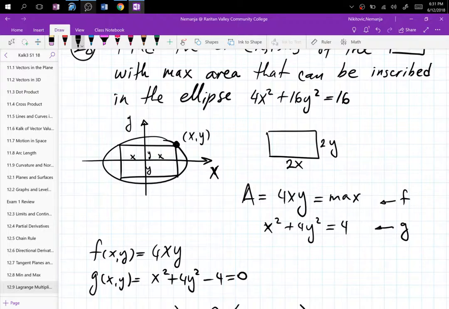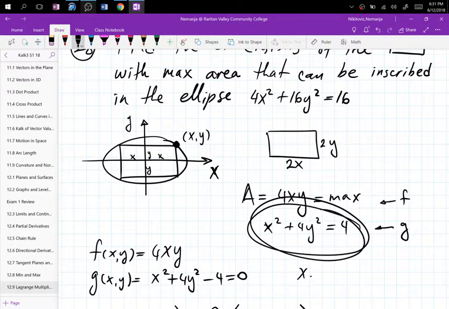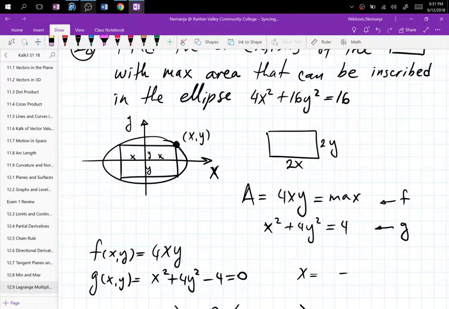You can solve this constraint as x equals the square root of 4 minus 4y, and then you plug that for this x over here, and then you differentiate that and set it equal to 0. So calculus 1 does solve this problem as well. You have to get the same answer. You can enjoy that at home and see that you get the same answer.